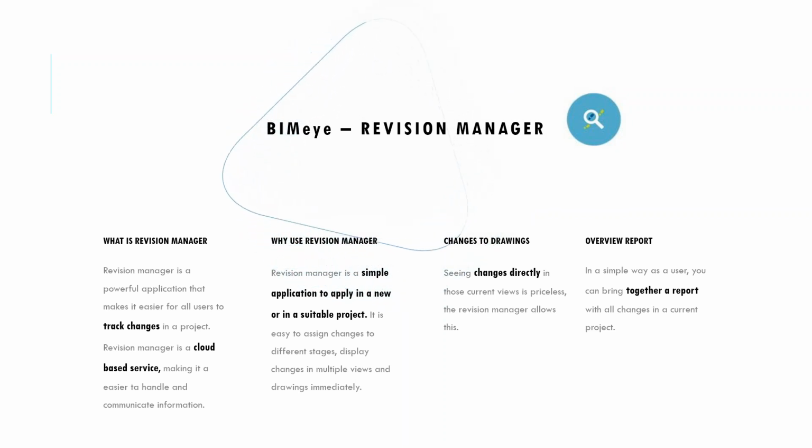The question is, why should we use the Revision Manager, or why is it so powerful? First of all, it is a simple tool to add and track changes in a project. Second, you can add the changes and synchronize them to the database, and everyone in the project can easily read and see what is happening during the changes.